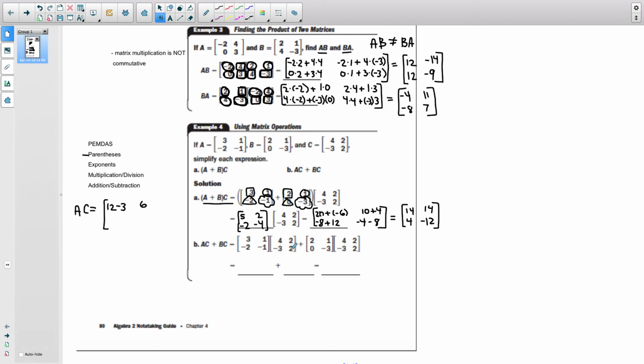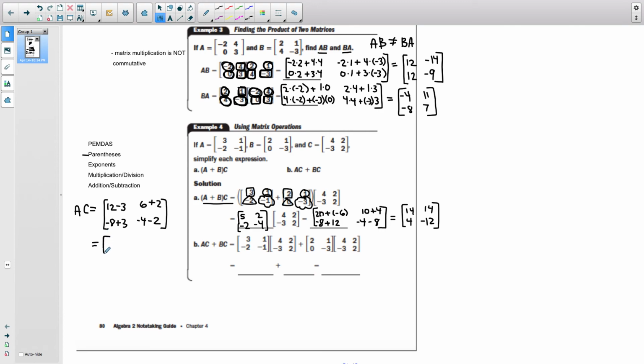And then 1 times 2, which is positive 2. All right, then the next row, so negative 2 and 4 is negative 8. And then negative 1 times negative 3 is a positive 3. And then negative 2 times 2, which is negative 4. And then negative 1 times 2 is negative 2.